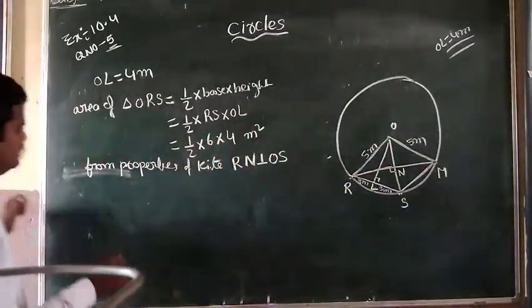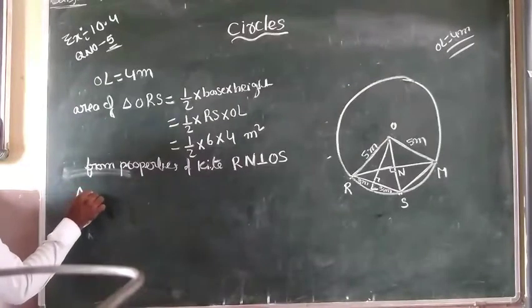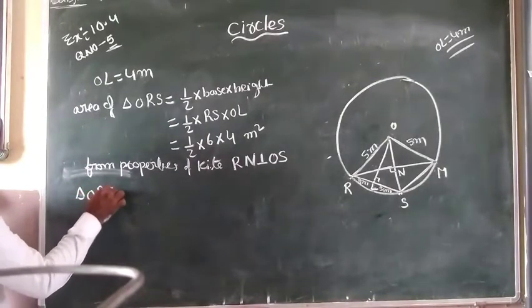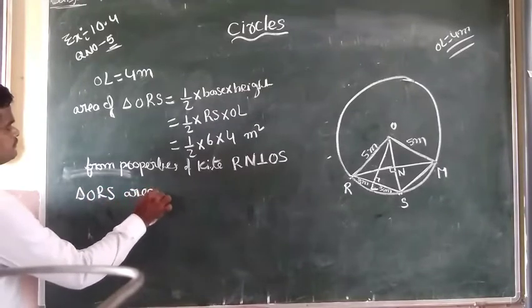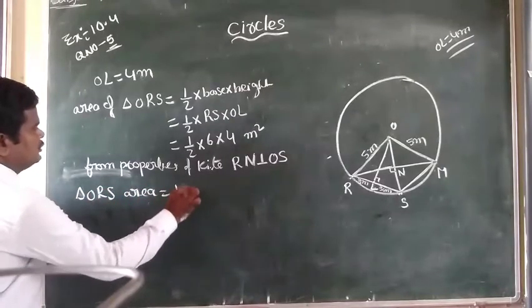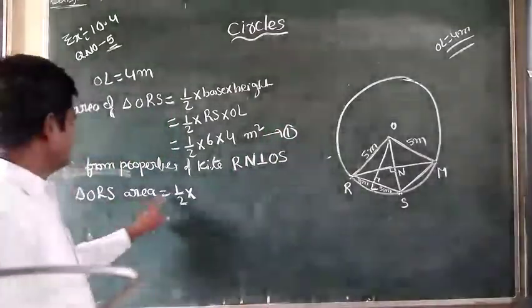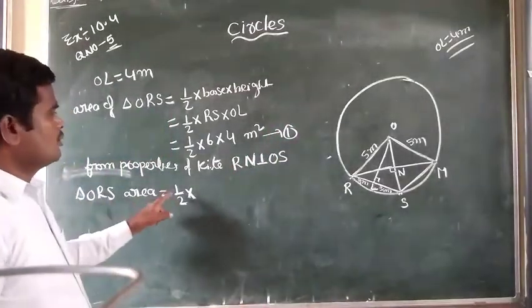So now triangle ORS area equal to 1 by 2. This is equation number 1. So area of ORS equal to 1 by 2.